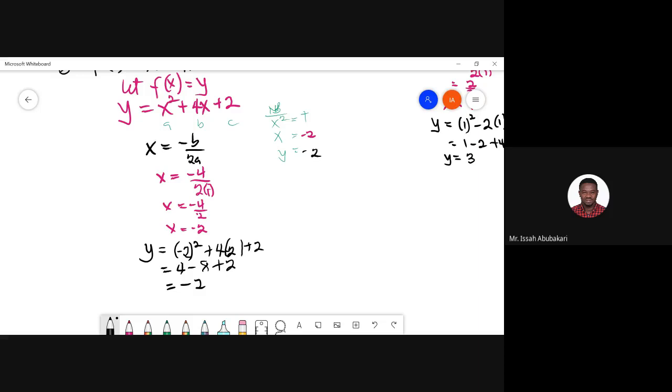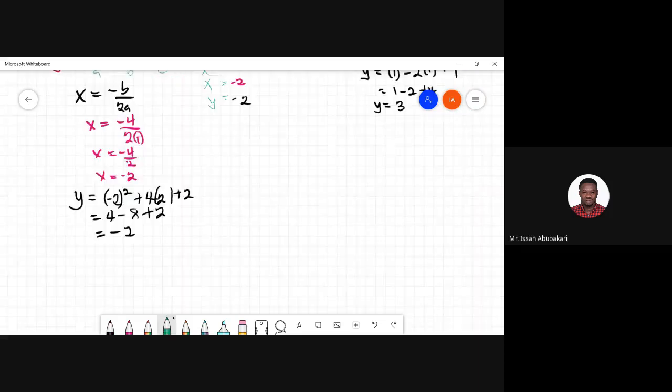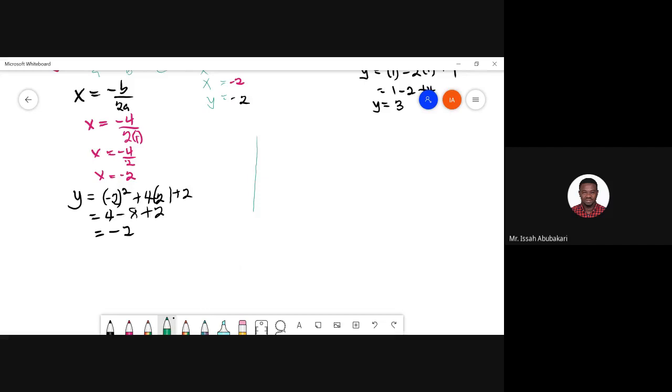All right. Now, let's try to draw our graph. So the graph is going to be like this. Forget about how it looks. I know it's not perfect. Anyway. Okay. So we have this is x and this is what? Y. And this is the vertex.